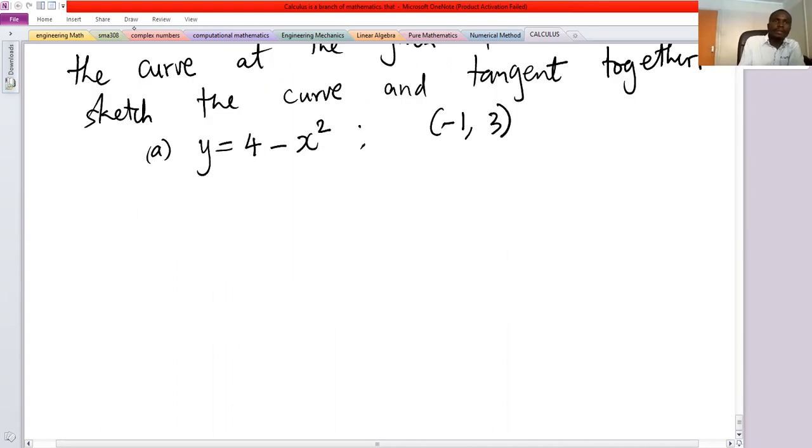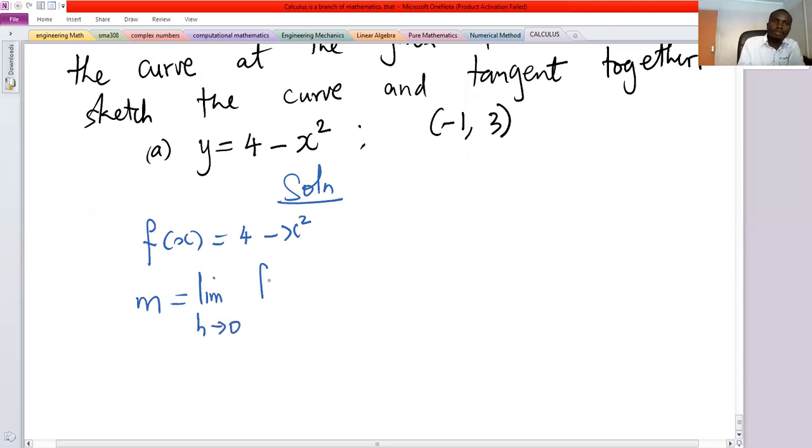So let's start with this solution. The function here is 4 minus x squared. So slope is the limit as h approaches 0 of f of a plus h minus f of a, divided by h.